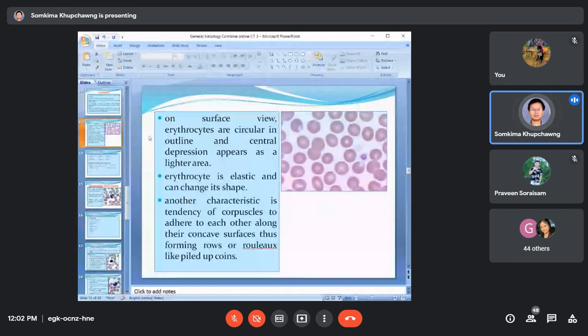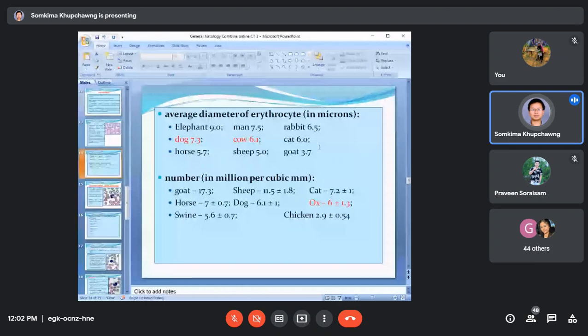Here is the average diameter of erythrocytes. You can see the differences in different animals. In elephant, 9 microns, and in goat, very small, 3.7 microns only. In the case of cow and dog, 6 to 7.